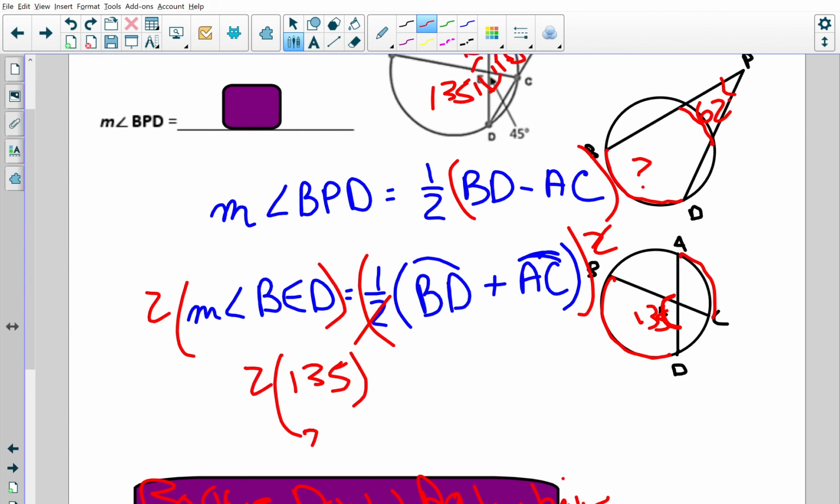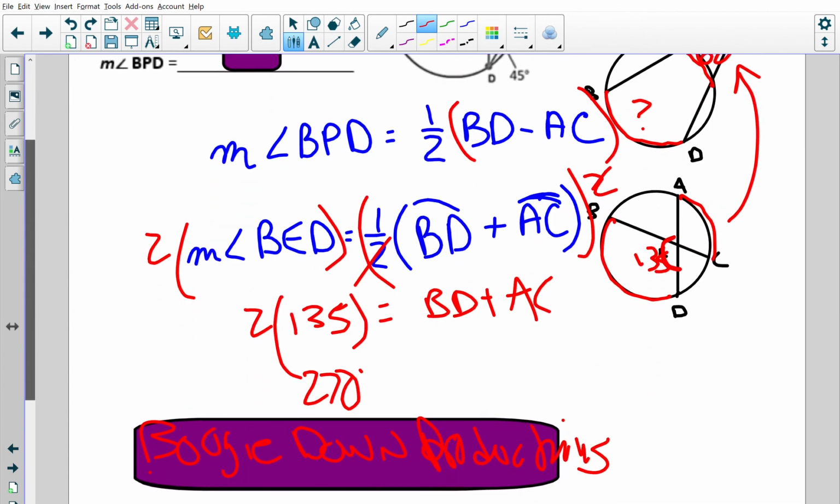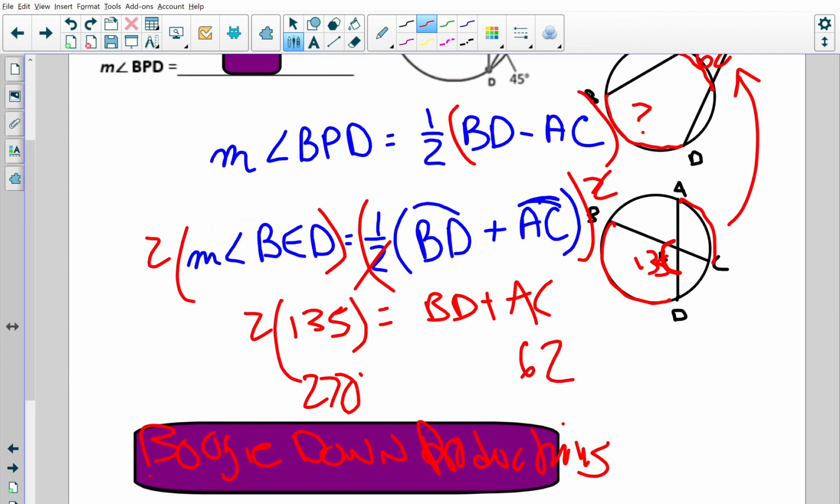Well, that's 270, which has to equal BD plus AC. Well, I know AC. It's 62. So what's BD equal? Well, after I subtract 62 from both sides, I get BD is equal to 208.